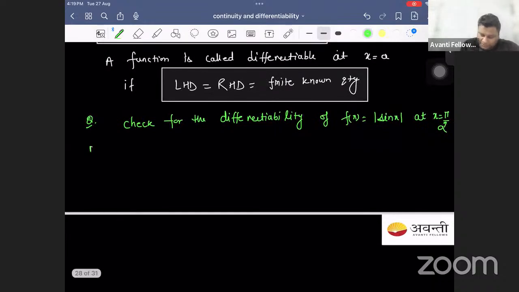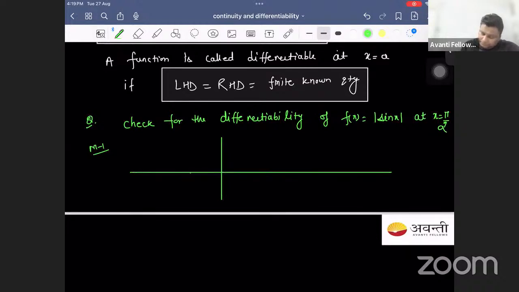See, method 1. If you do it using graph, we all are aware of the graph of mod sin x. This is minus pi by 2, 0, pi by 2. Then from pi by 2, this is 3 pi by 2. From 3 pi by 2, this is 5 pi by 2, and so on and so forth.